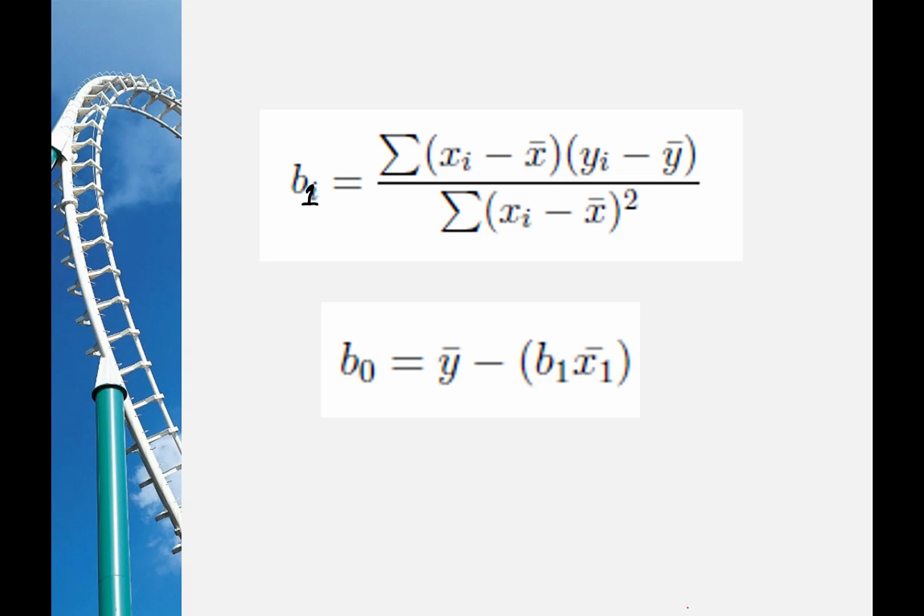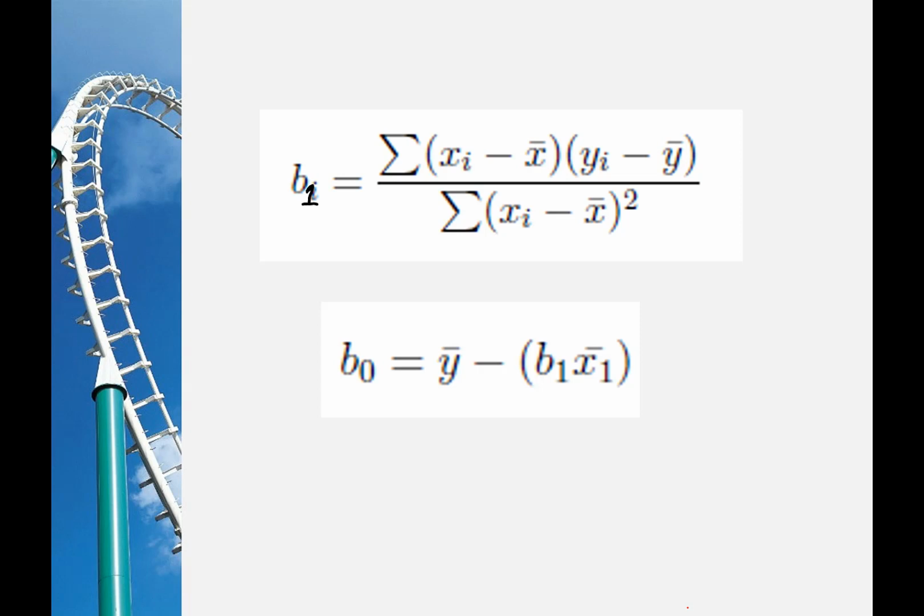Don't write this down. I just want to walk you through it. This is a single independent variable way to do ordinary least squares regression. Beta 1 is that first B. To do this, you need to know how to do the following things.